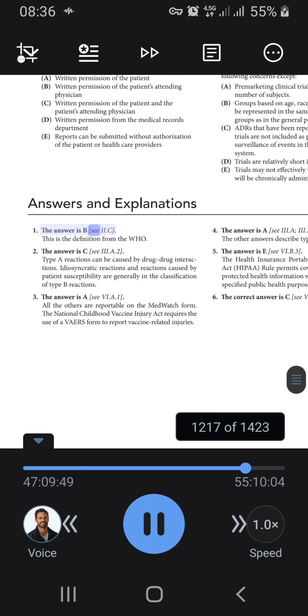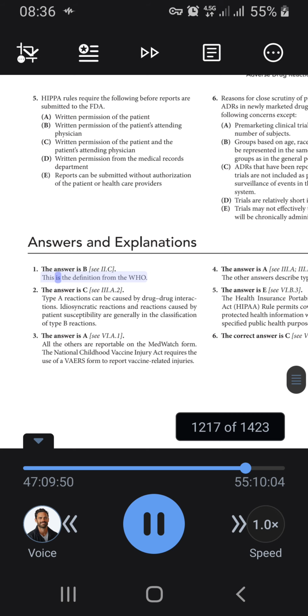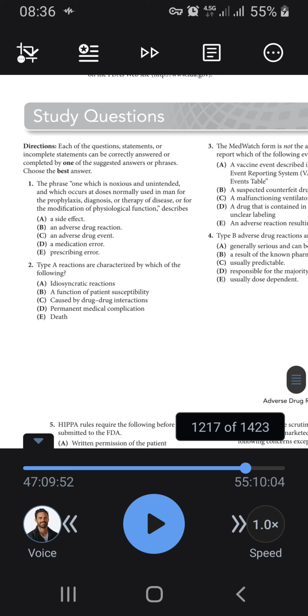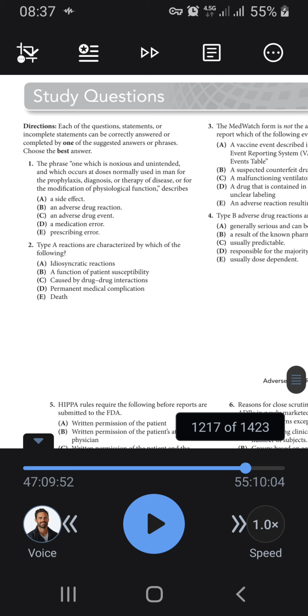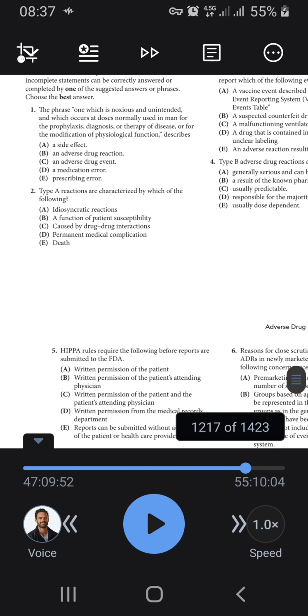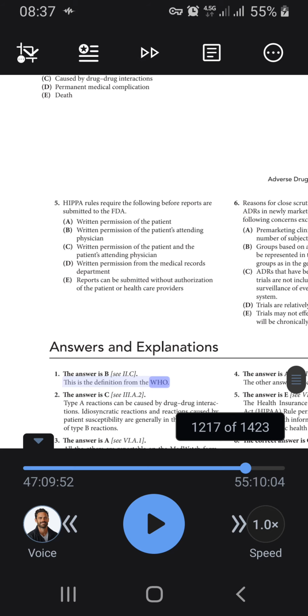1. The answer is B. This is the definition from the WHO. 2.